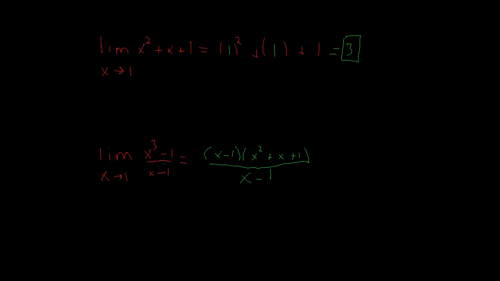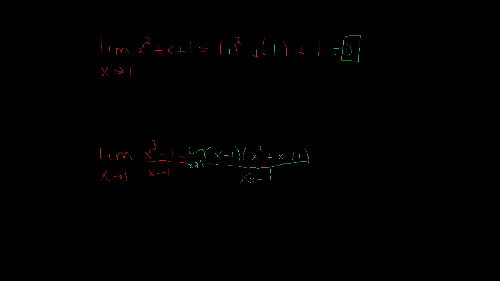I guess what I should have done is put a limit statement right here: the limit as x approaches 1. I don't want you to think that this is somehow the limit of this thing.